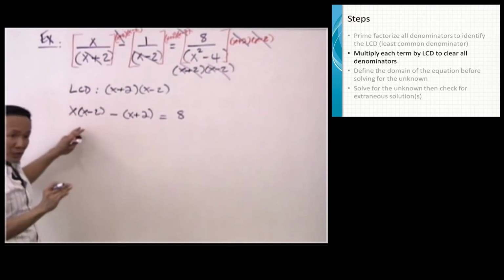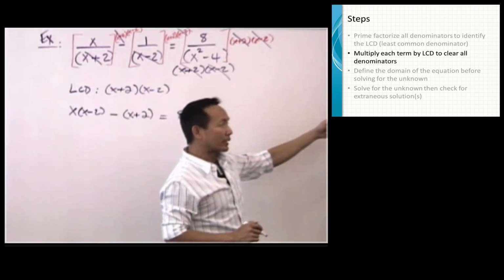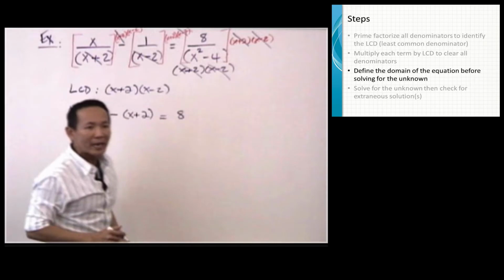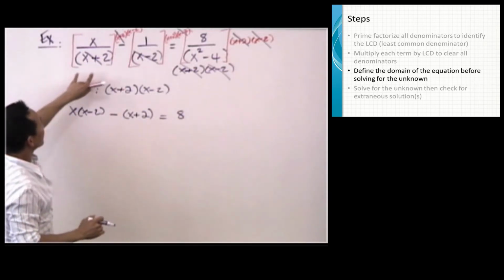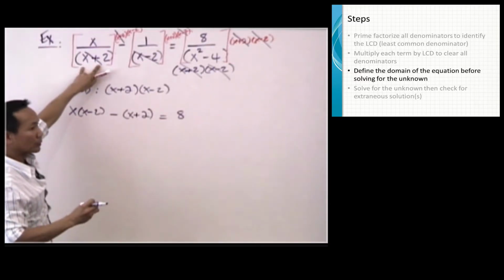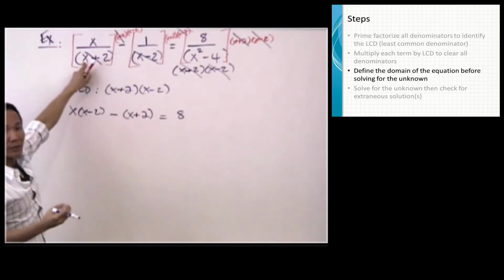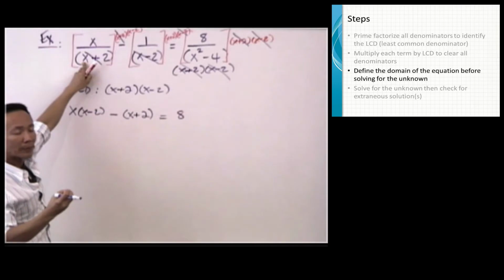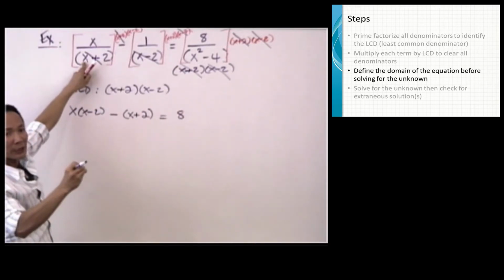Now, before solving for the unknown, I go to step number 3. I have to define the domain of the equation. You look at the equation. We look at the denominator of the first term, x plus 2. So clearly, if you replace x by negative 2, negative 2 plus 2 would be 0. So negative 2 would make the first denominator 0.